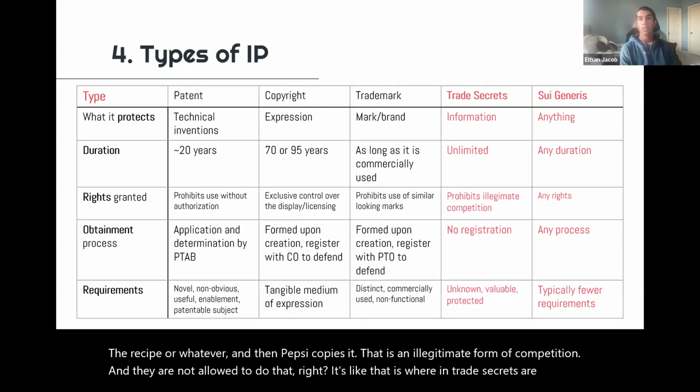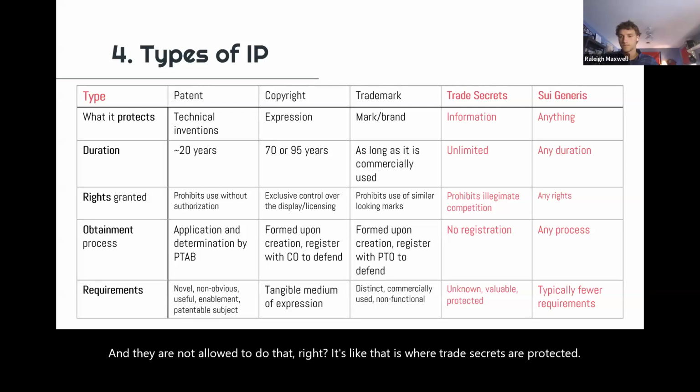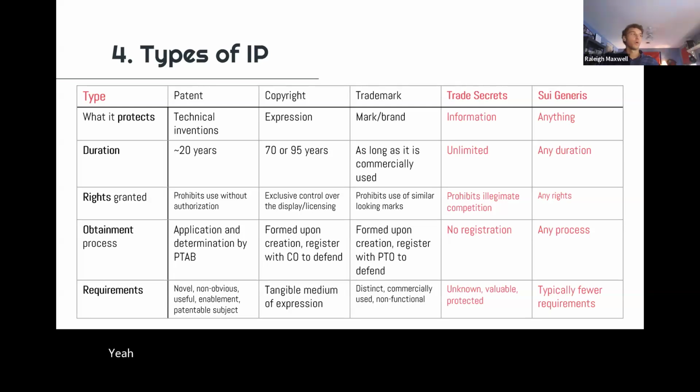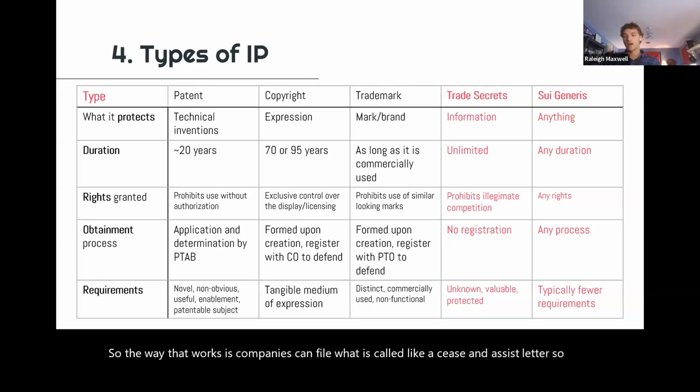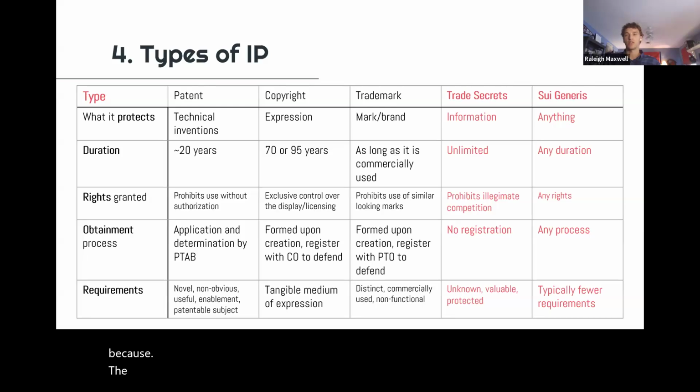Okay, how would other companies know? Let's say Coca-Cola does file for that, does make a trade secret. How does it let other companies know that what they have is a trade secret? Yeah. So the way that works is companies can file what is called a cease and desist letter. So Coca-Cola will deliver a letter to Pepsi saying that you need to stop selling this product because the recipe that you've stolen from us is a trade secret.